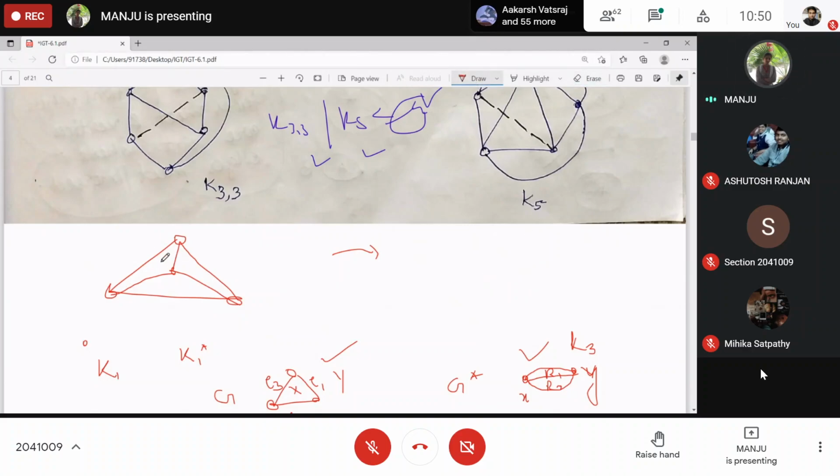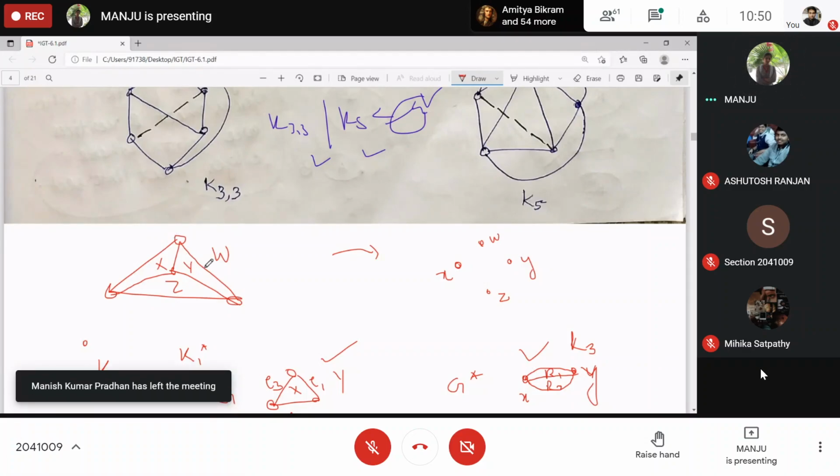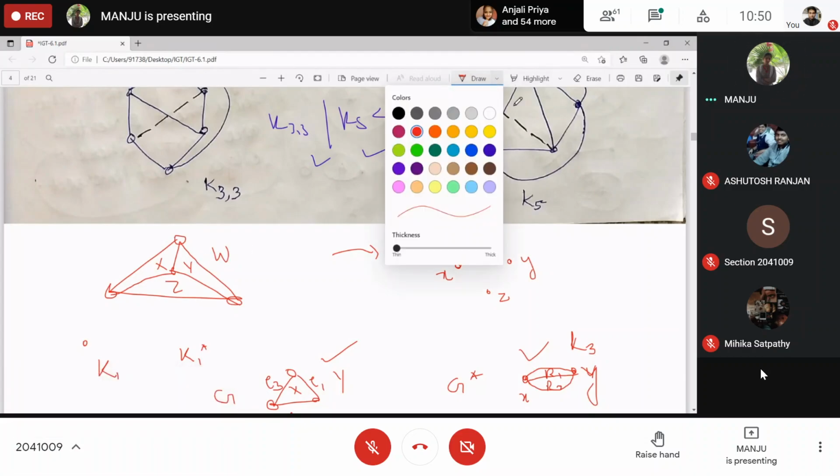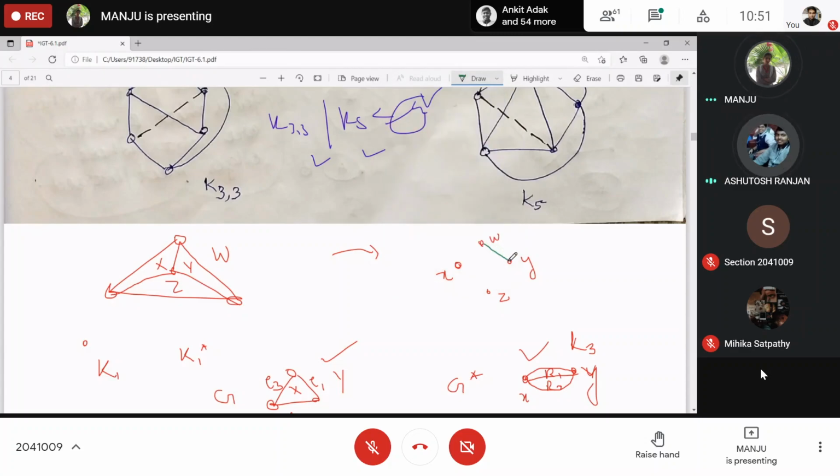So let me take X, Y, Z, and W. Now this edge corresponds to this edge, Y and W. Y and W at the center.